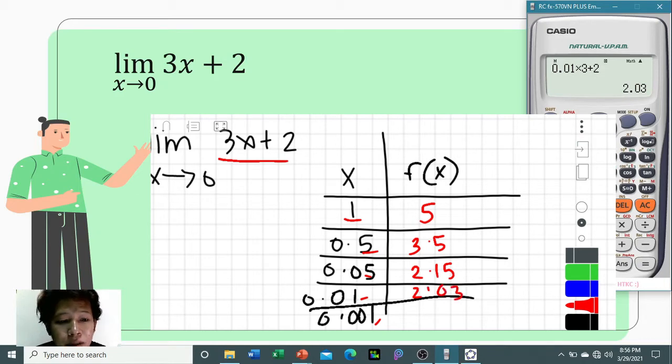And the last one would be 0.001 multiplied by 3 plus 2, so that would be 2.003. So nakikita po natin, as x approaches 0 from the right, the value of the function actually what?